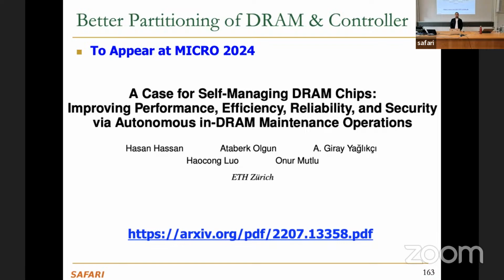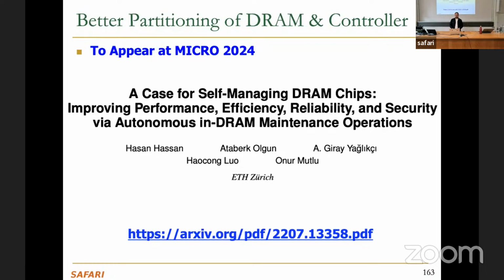As you see, going forward, DRAM chips cannot be just the old usual DRAM chips where we can control everything from the memory controller. They need to be smarter. They need to be more robust. They need to be more reliable. And that requires, as we go forward, implementing better maintenance mechanisms inside the DRAM chips.